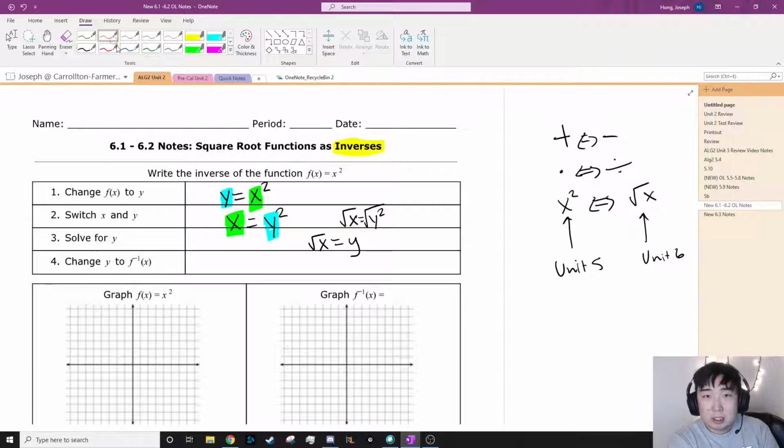Because if the opposites are together, applied on the same variable, they cancel. So this y, we just change it as f to the power of negative 1 of x, or this is the inverse, is equal to square root of x.